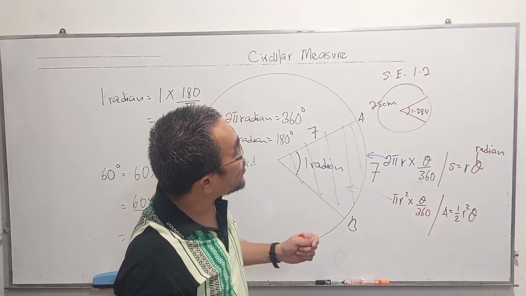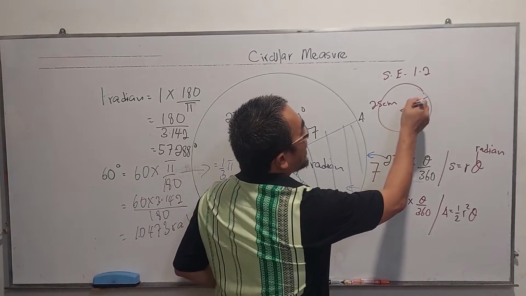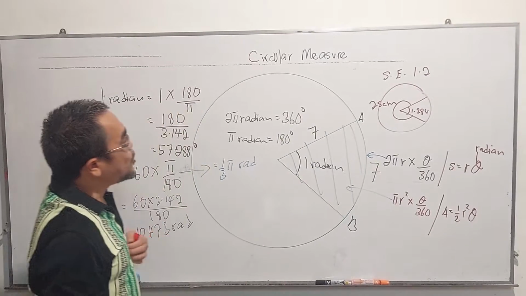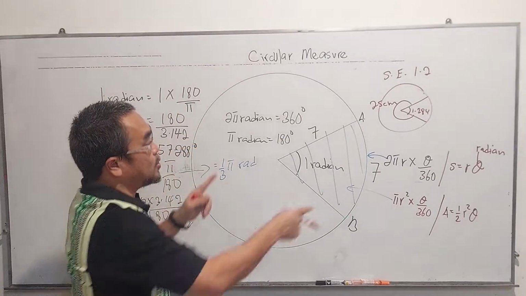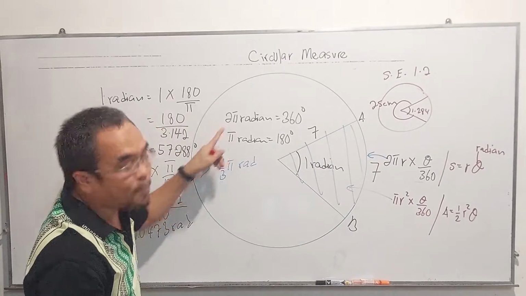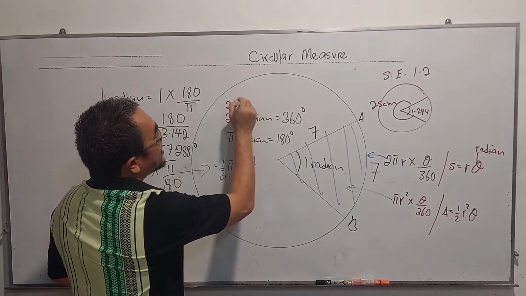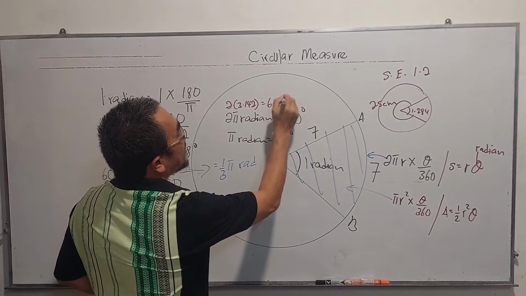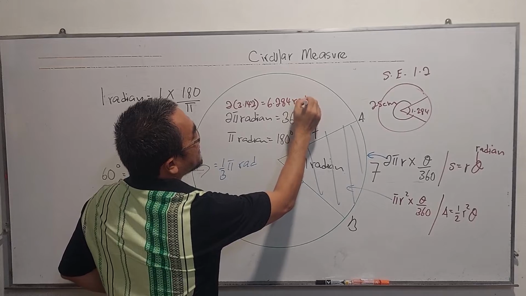So what you have to do is find the angle around here. What do you know so far? 360 degree is 2 pi. 2 pi means 2 times 3.142, which is 6.284 radian.